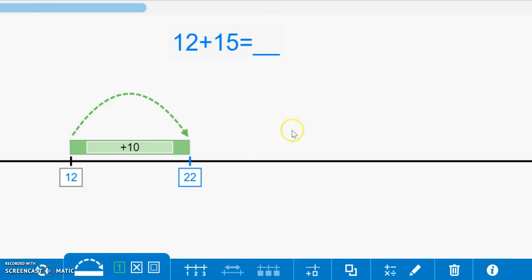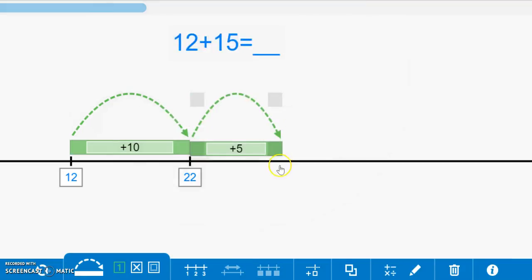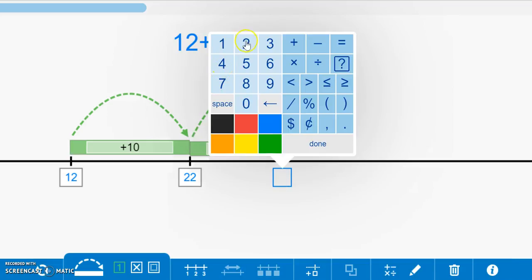I can make 5 single hops, or I can make a hop of 5. I'm going to put plus 5 to show that I'm hopping 5. And if I was at 22 and I hop 5 more, I'm now at 27.